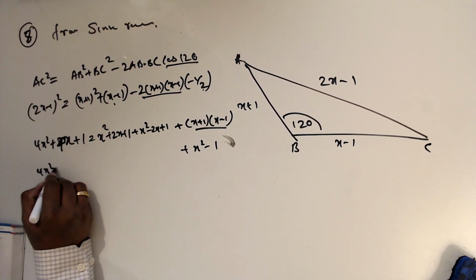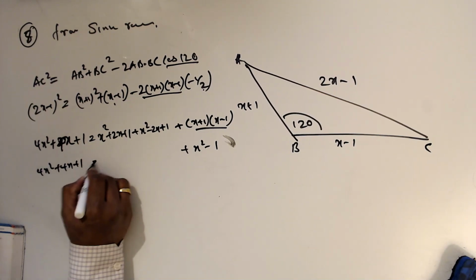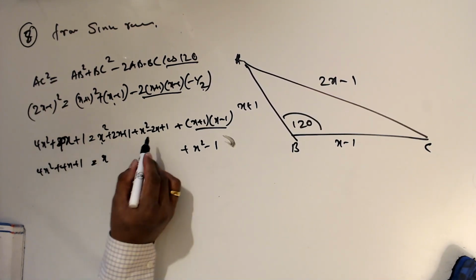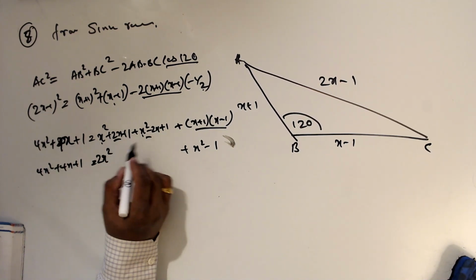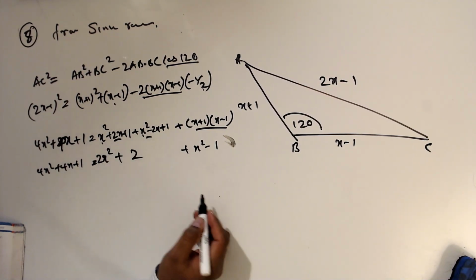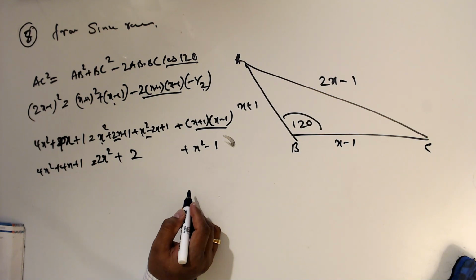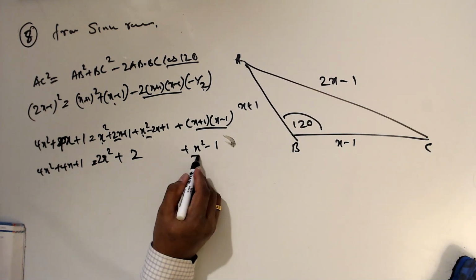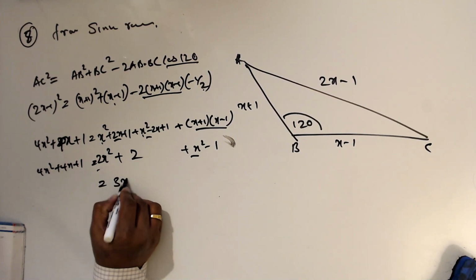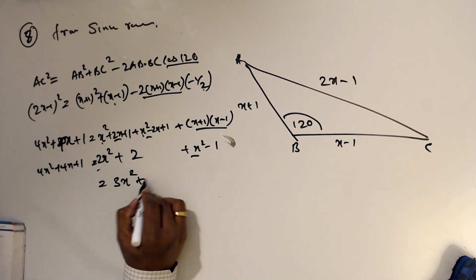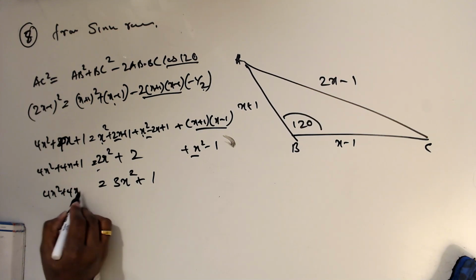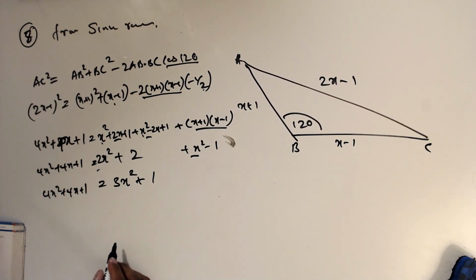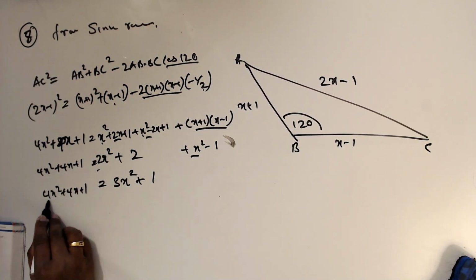Okay, I will rewrite this one. X square plus x square is 2x square, this cancels out, and this is plus 2. So this is 3x square plus 1, 4x square plus 4x plus 1, and I'll bring everything to here.